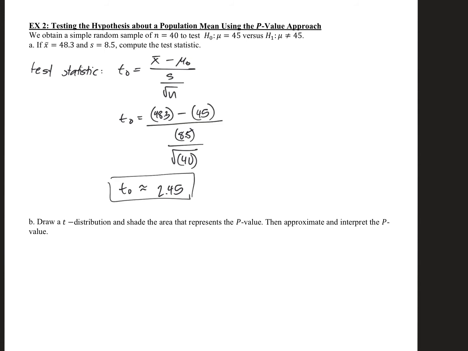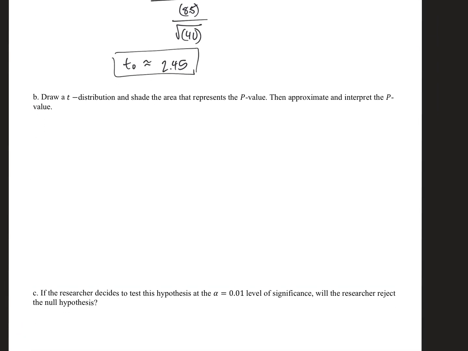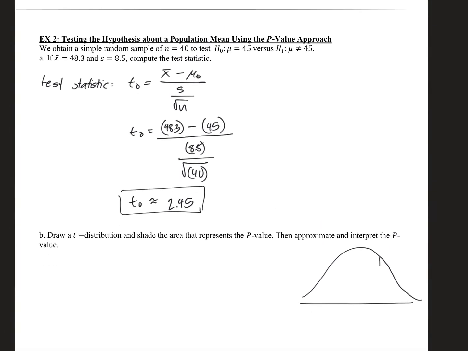Well, let's draw a t-distribution and shade the area that represents the p-value, and then approximate and interpret the p-value. Okay, so let's go ahead and draw the area we're looking for here. Well, t sub 0, our test value, and once again, is this left-tailed or right-tailed? Ooh, this is two-tailed.